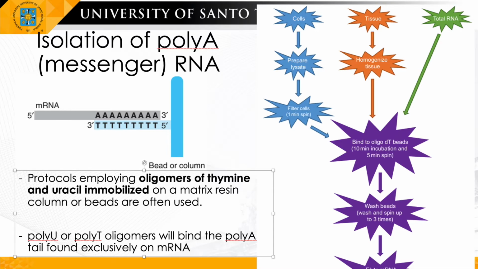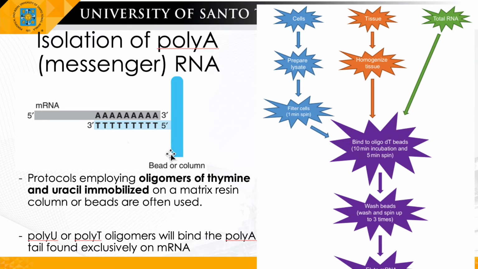The method used for those usually involves removal of non-mRNAs rather than selecting or binding the mRNAs directly. So, to enrich the yield of mRNA, especially rare transcripts, protocols employing oligomers of thymine and uracil immobilized on a matrix resin, either in a column or beads, are often used.